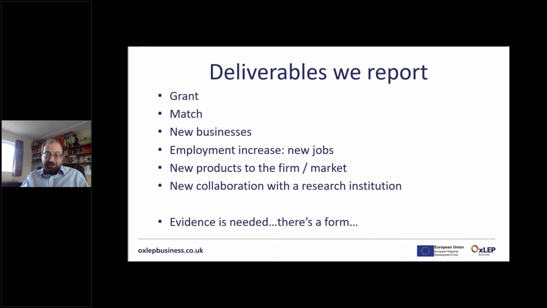If you promise us 20 new jobs, 10 new products to the firm and the market, and 16 new collaborations with a research institution, [you'll have slim] chances of receiving a grant, simply because the assessors and Oxlep will find that rather hard to believe. There would need to be an awful lot of justification within a grant of the size that we're giving to achieve all of those things within a reportable timescale.